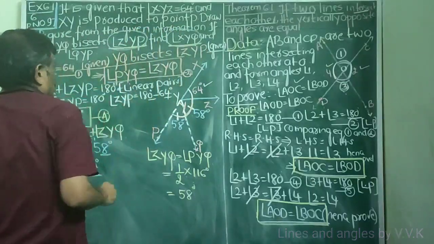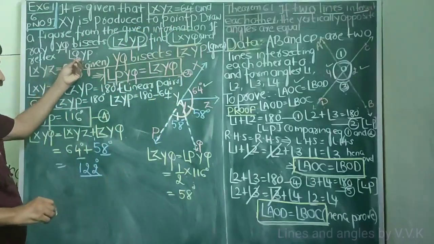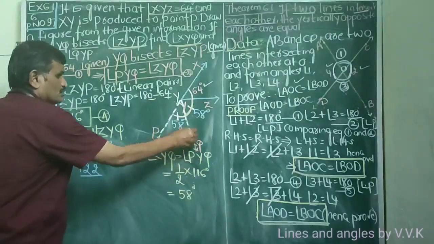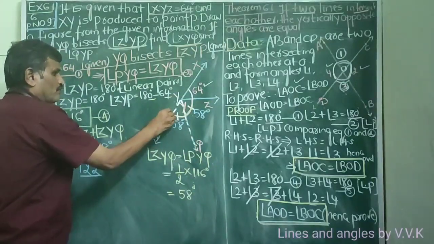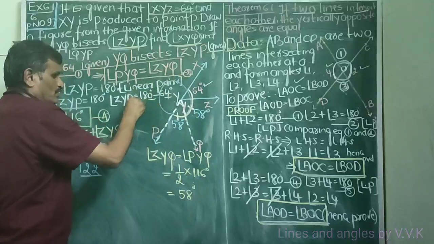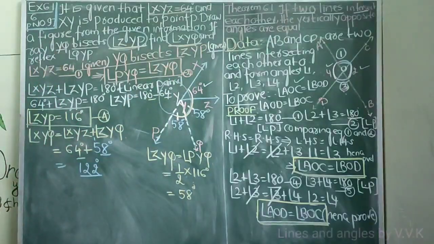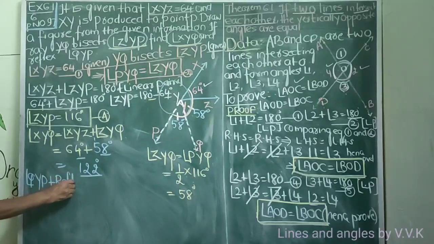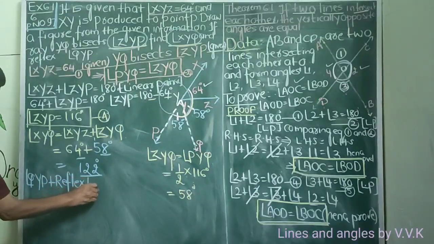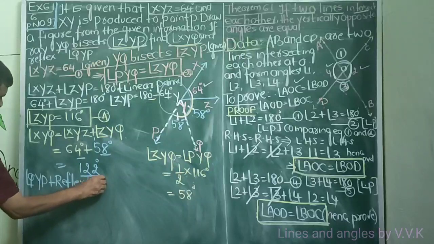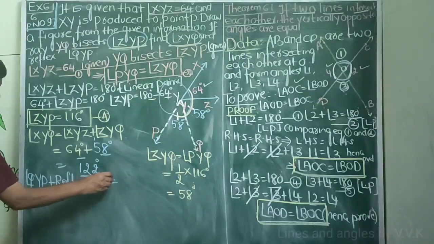Now I want reflex QYP. See here, this is QYP, and reflex means what? This much, the whole other side. See here, QYP plus reflex QYP is equal to 360 degrees.